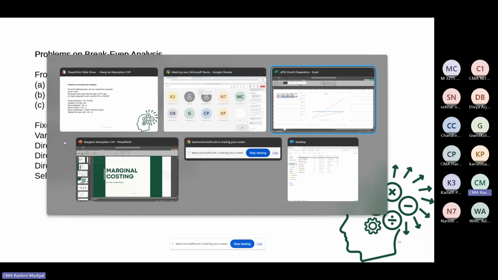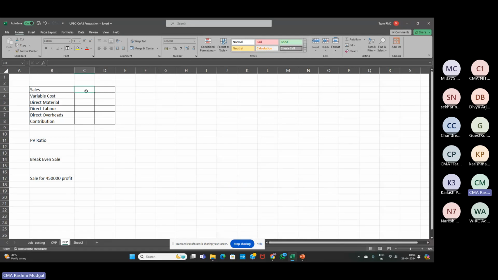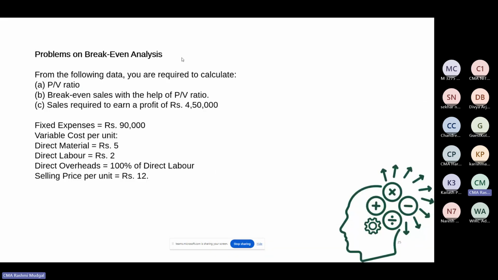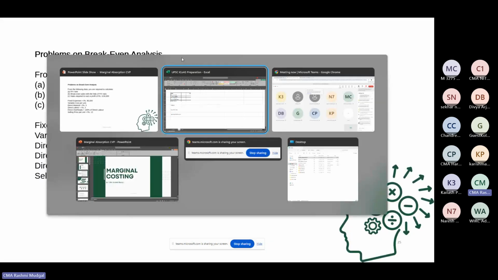So I am taking Excel again. What is my sales price? If I say my sale price is 12. Okay, my variable cost: direct material is 5. Direct labor is 2.